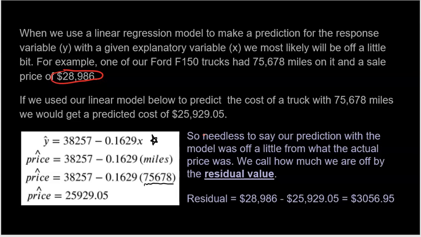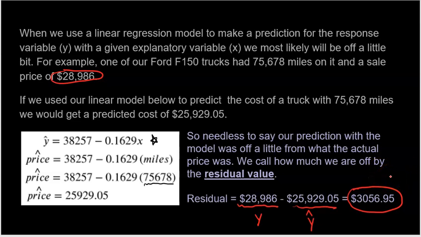So needless to say, our prediction with the model was off a little bit from what the actual price was. We call how much we're off by the residual value. So if I take the actual price of the truck, the actual y value from my data, and I subtract the predicted value that I got from my regression model, what you get is how much we were off by. And we call that value the residual value.